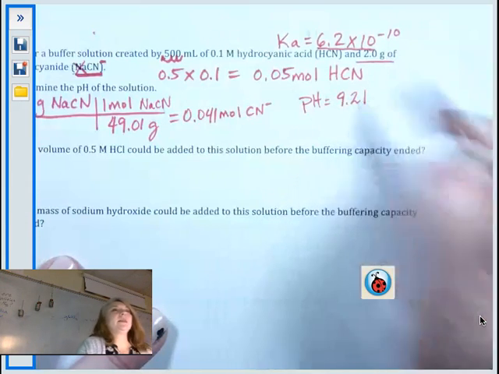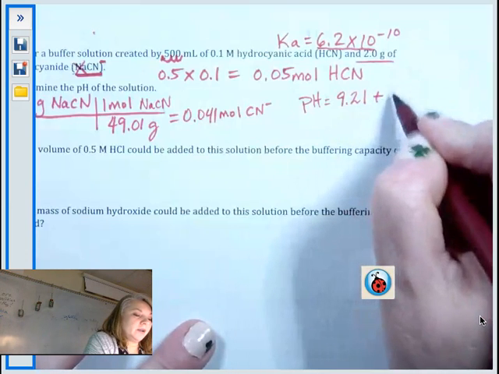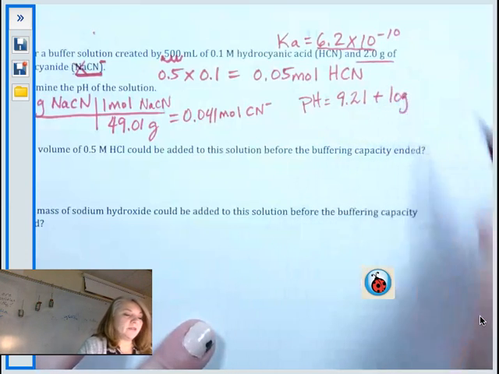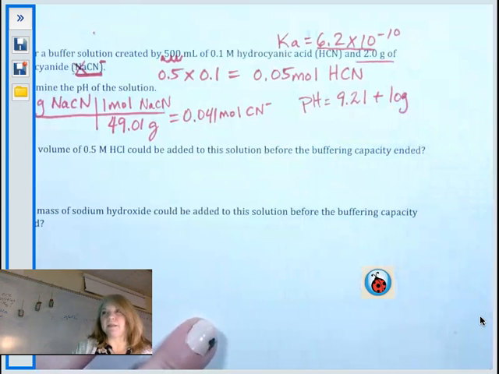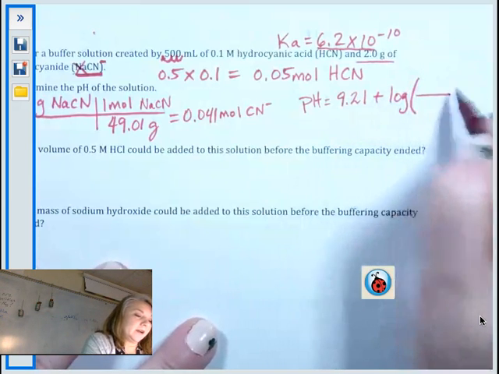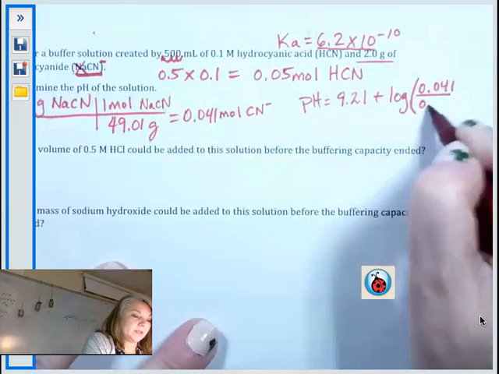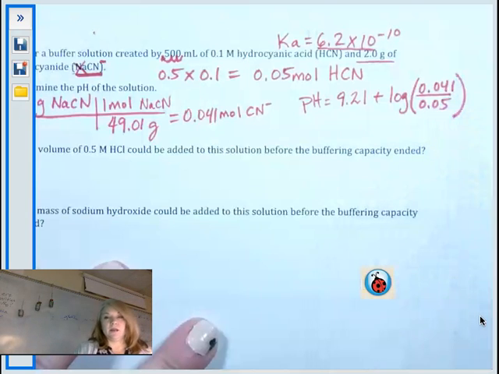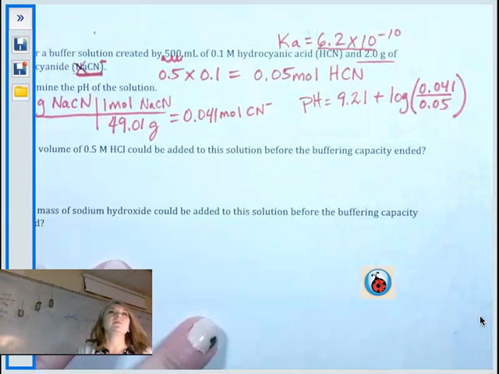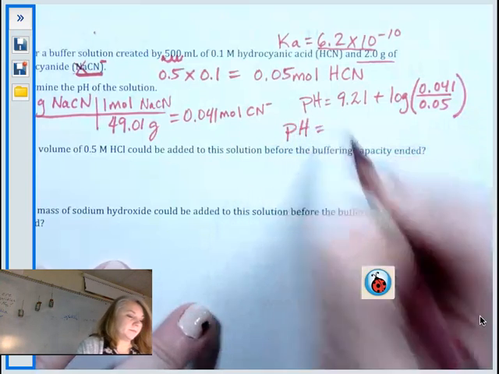I'm just going to round that to 9.21. That'd be okay. All right, and then plus the log of, is it base over acid or acid over base? Base over acid. So our base is the cyanide ion, so 0.041 over 0.05. Okay. And that will give you your pH.